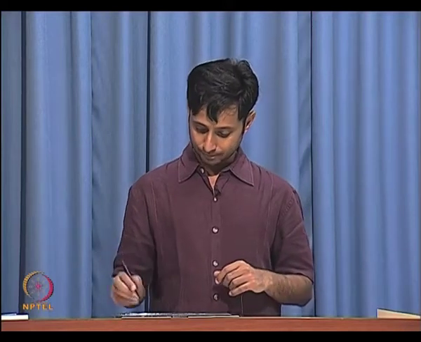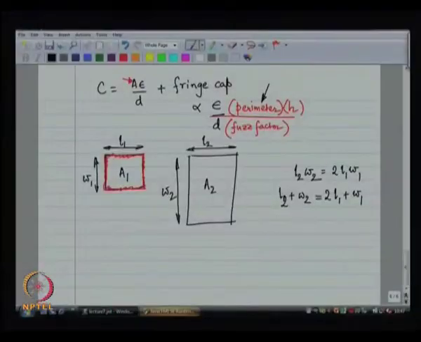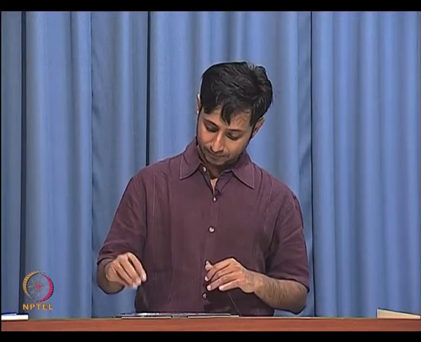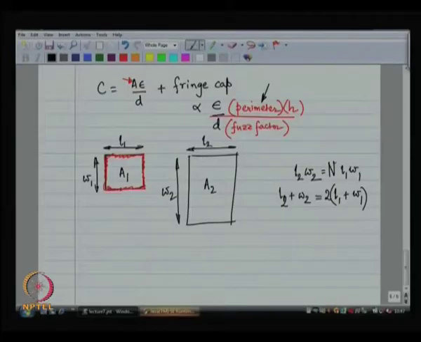So, if you want one capacitor to be n times the other capacitor, then there is a unique relationship and it might not be easy to make this, right, but beware.